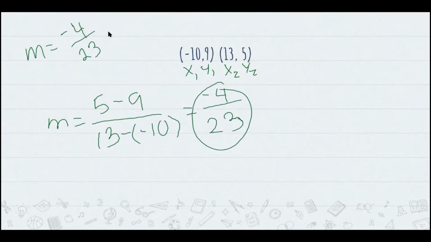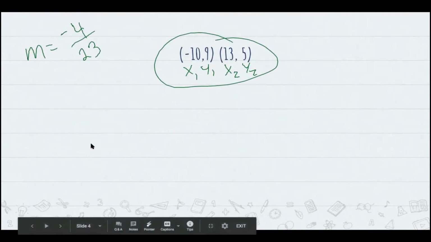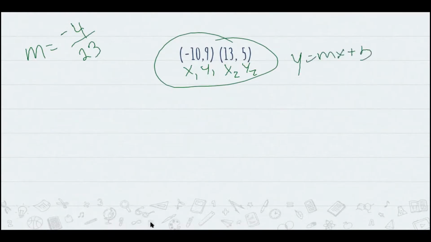And now we have to find our y-intercept. We're going to take one of these coordinate points, and I'm going to erase this part again. So we're going to find our y-intercept now with y equals mx plus b.